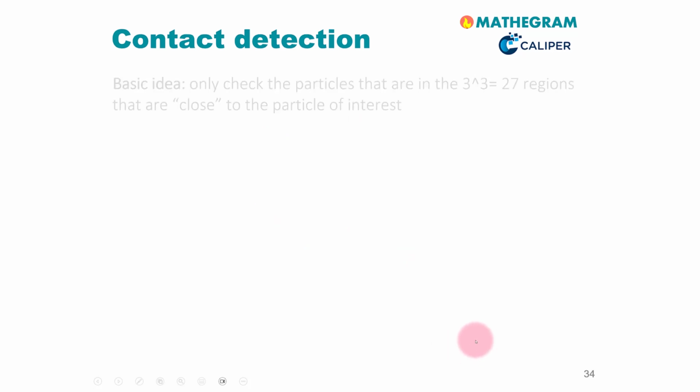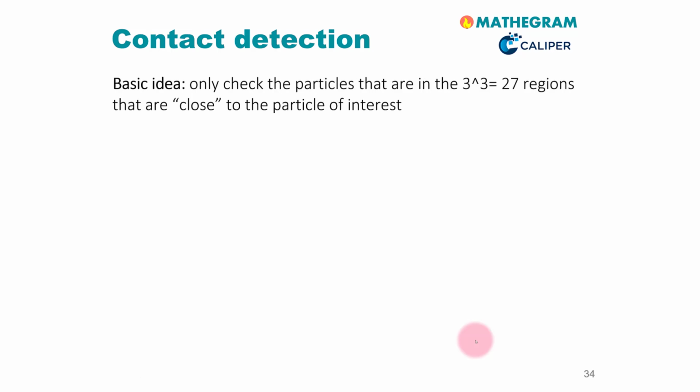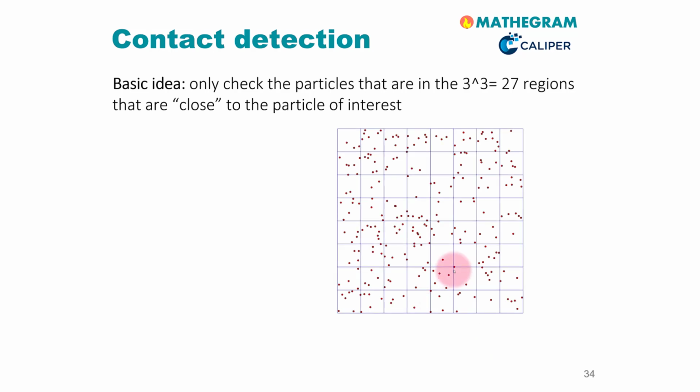So the important and basic idea behind this is to not do these checks, but only consider the neighboring regions of a particle. For example, if we look at a specific particle here, then we know that this could only potentially contact particles in these neighboring regions.